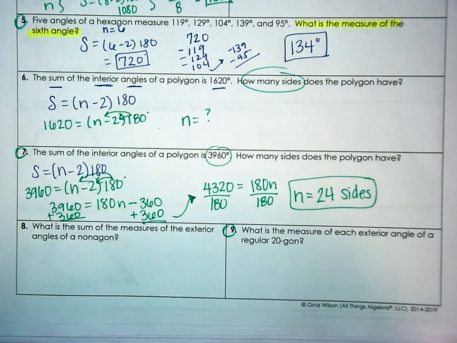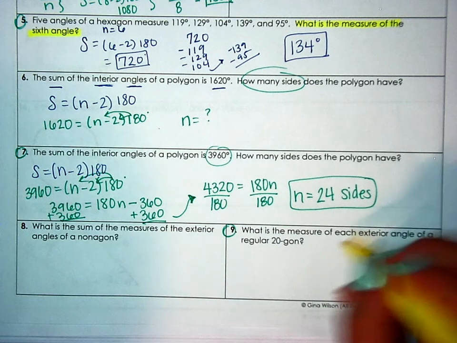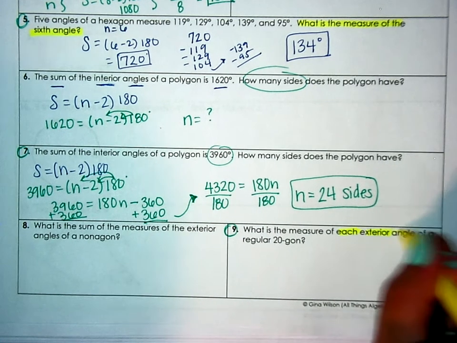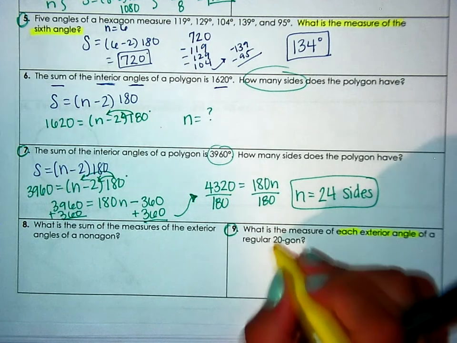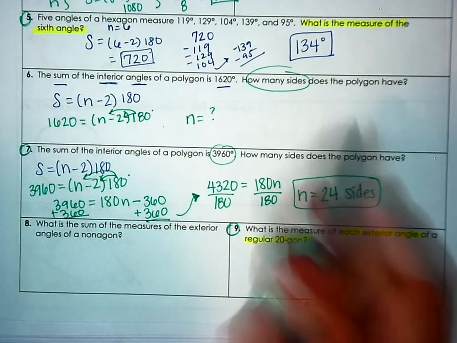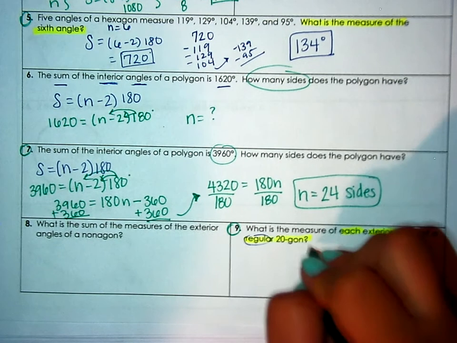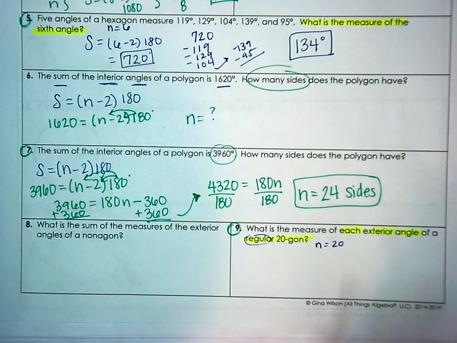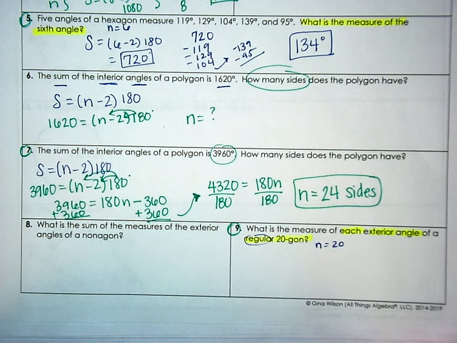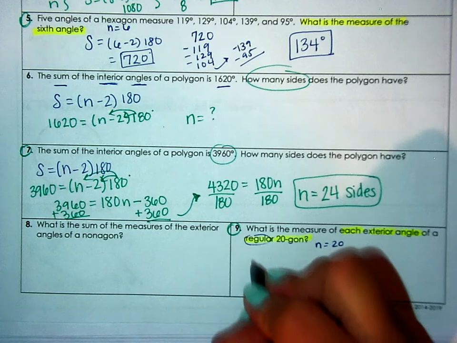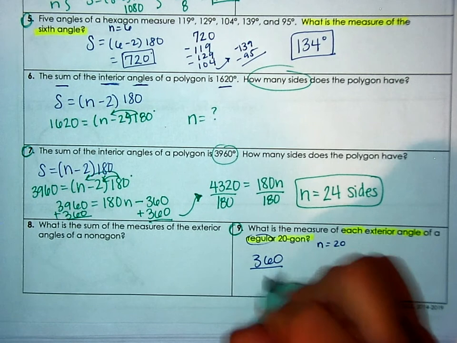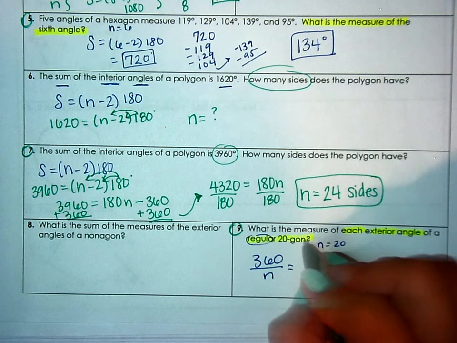Now this one does not say the sum. This one says, what is the measure of each exterior angle of a 20gon? And it says the word regular. Okay, 20gon just means that n will be 20, so that's pretty simple. But when it says each exterior and it says regular, we have to do this. We're going to take 360 divided by n and set it equal to our number.